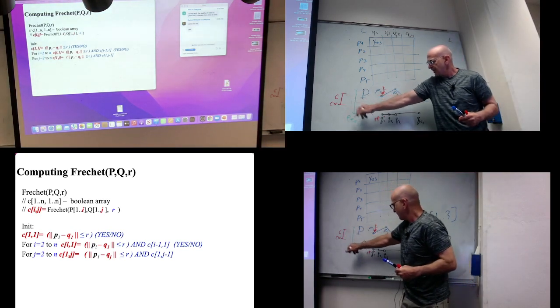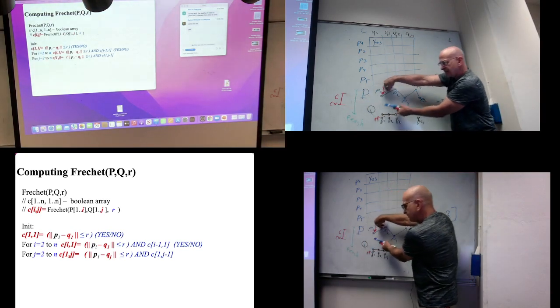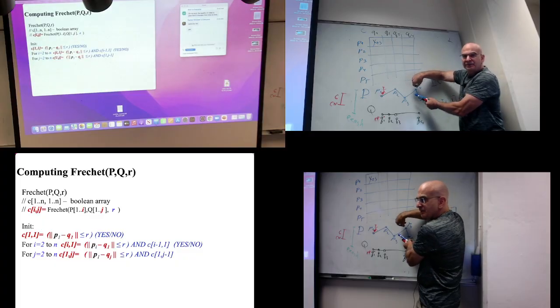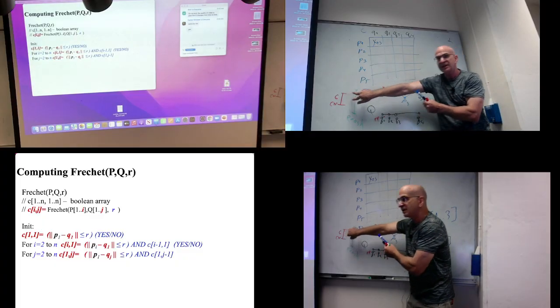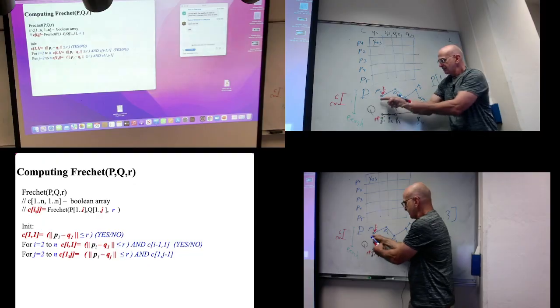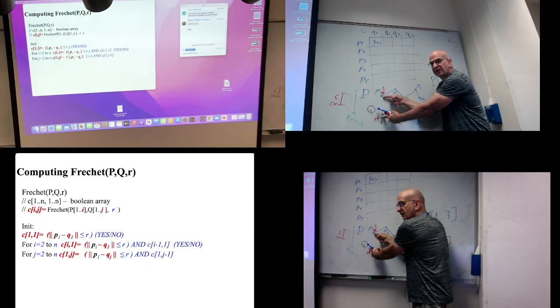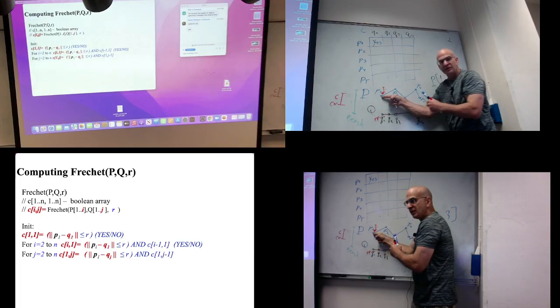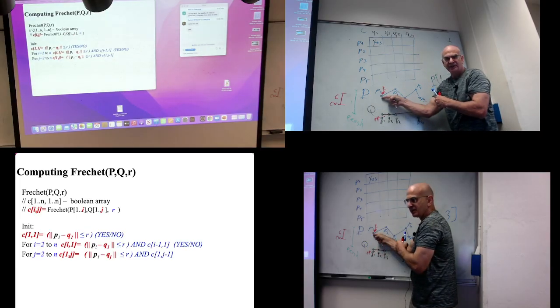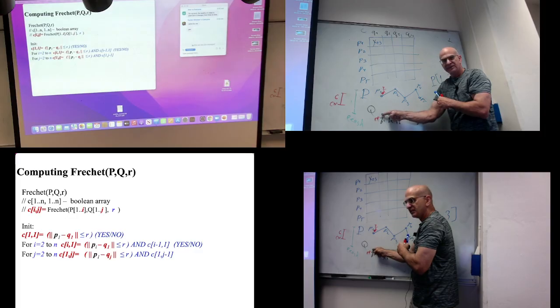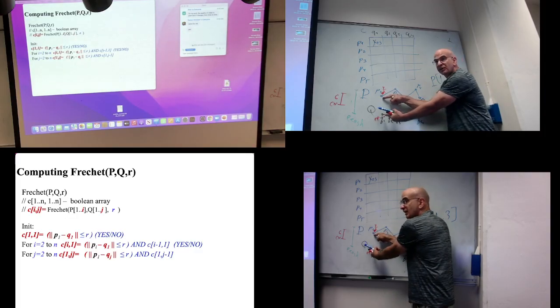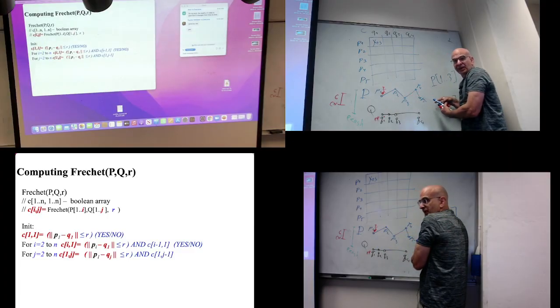With a leash of 6 centimeters, I ask, can the person on the rope roll all the way using a leash of 6 centimeters? But they always start at P1 and Q1. If even when the person is on its first vertex, the dog is on its first vertex, and the distance is already larger than 6 centimeters, then there is no point of asking for other cells.